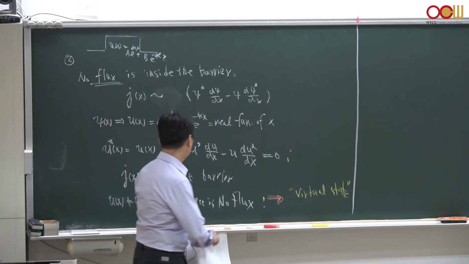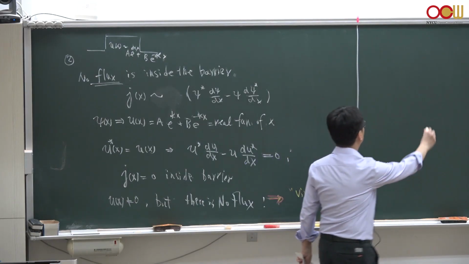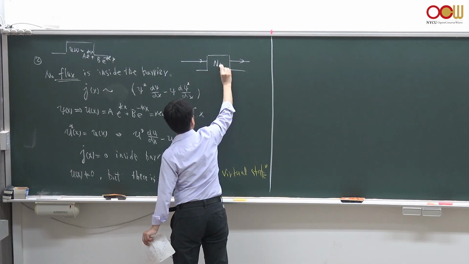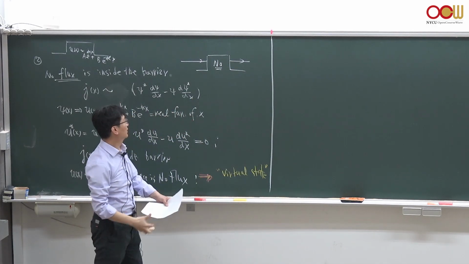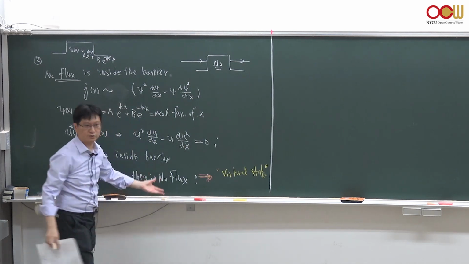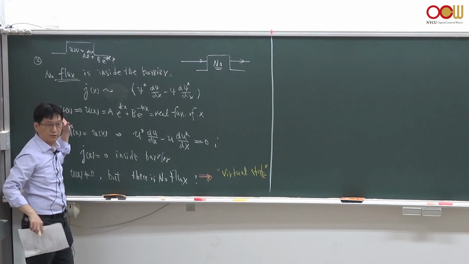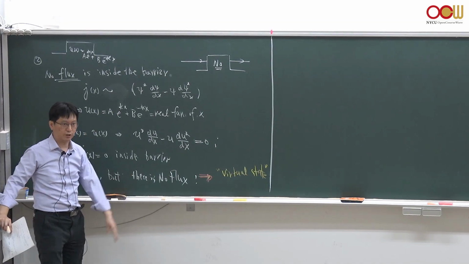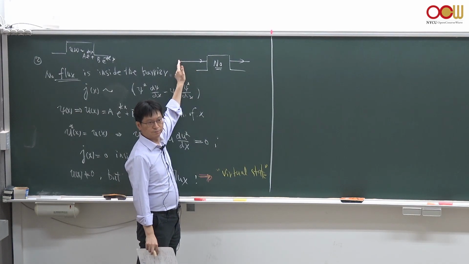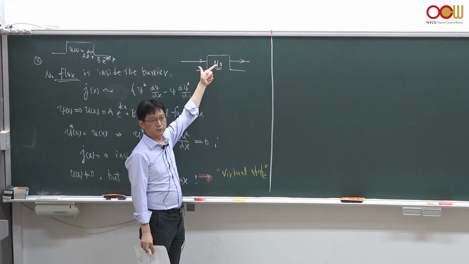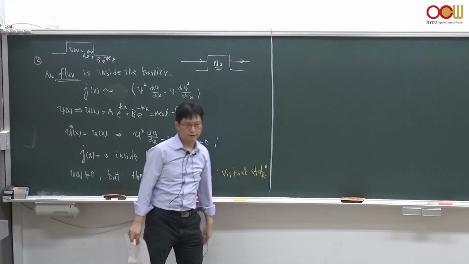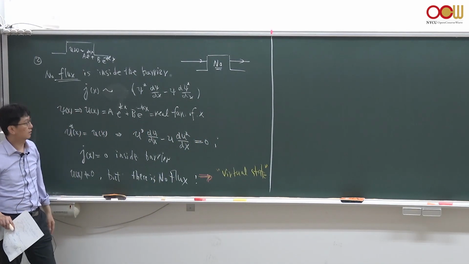But if you do so, then you get a bigger trouble, because suppose there's nothing, just empty inside the barrier. Since you cannot detect, you say that there's no virtual state, nothing is there. Okay, then you have a bigger trouble. Because how do you explain this thing? The particle hits this barrier and suddenly it disappears and then it reappears later on the other side of the barrier.